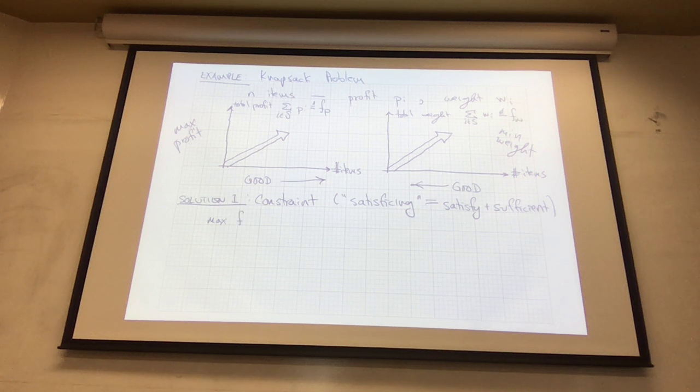So maximize profit subject to the constraint that my weight is less than or equal to some W max. And so this is a constraint provided, I'll say, by a stakeholder or something.